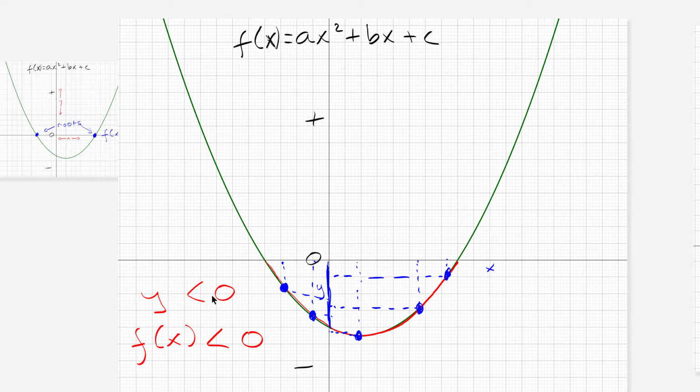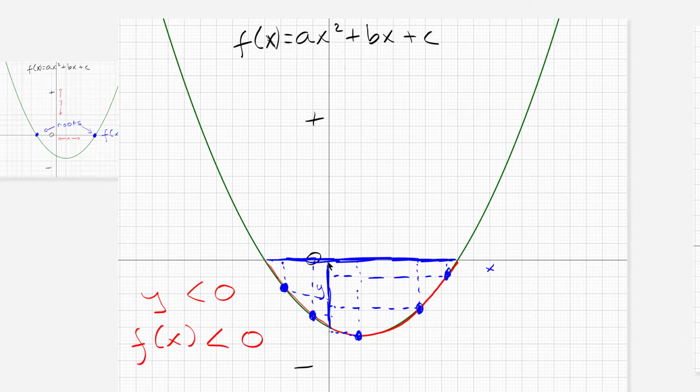But what's more interesting for us right now is what the x values are. You should notice that the x values are all of these x values here. Between here and here are the x values. For these x values, the function itself is less than 0.